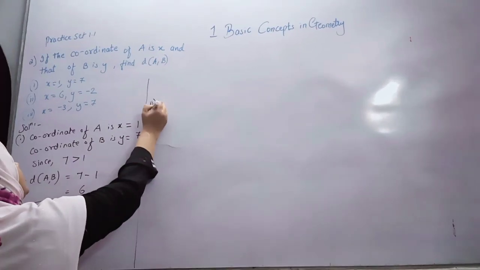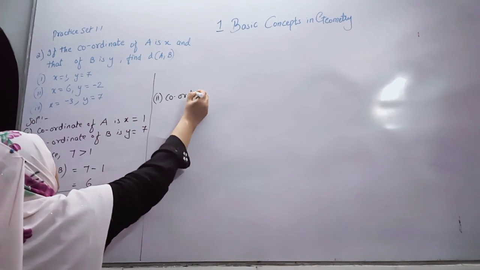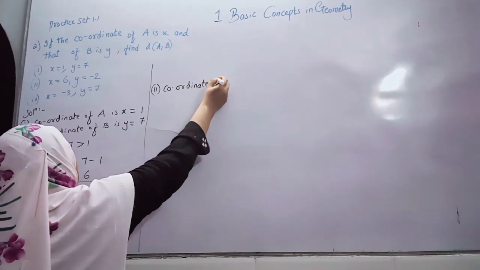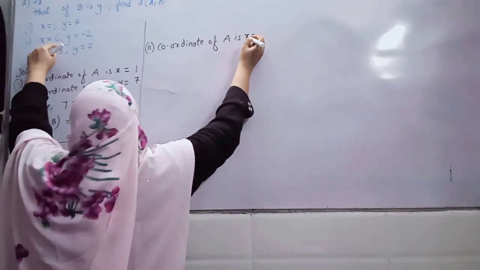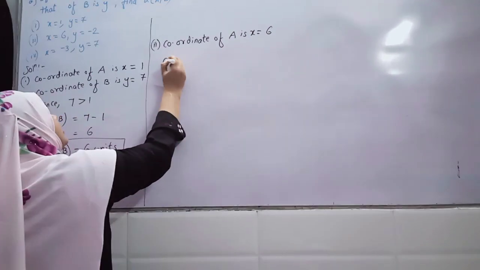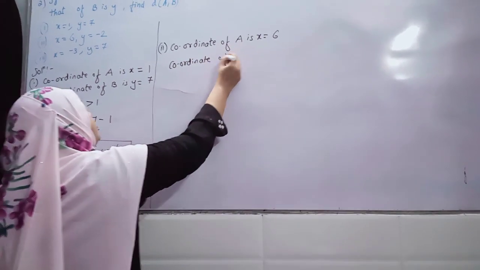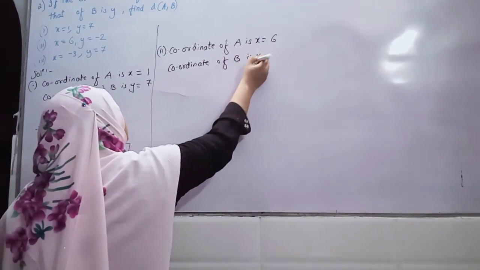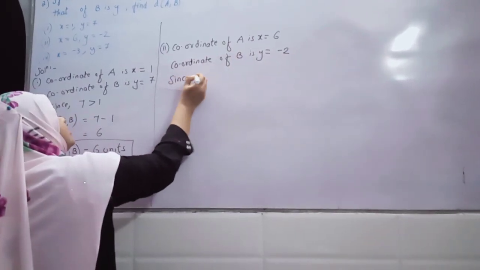Okay, students. The next question, question number 2. Write the statement here. Coordinate of A is x and the value of x is given as 6. Next, the coordinate of B is y, that is -2.